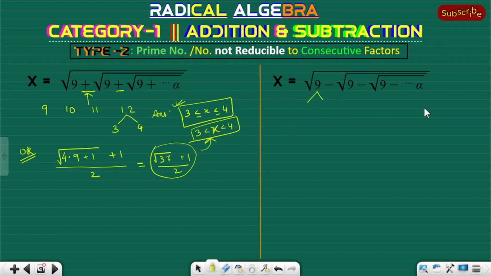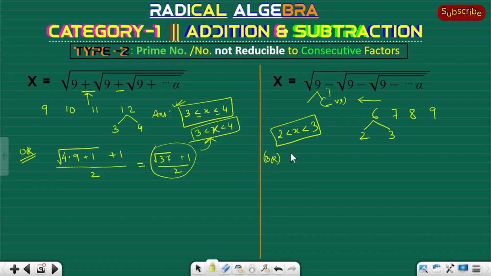Again here 9. It is negative, right? So we will go to the left. 9, 8, then 7, then 6. Yes, in 6 we have 2 and 3 as consecutive factors. So the answer lies between 2 less than x less than 3. This is the answer. Or if the option is given in specific value, let's check.